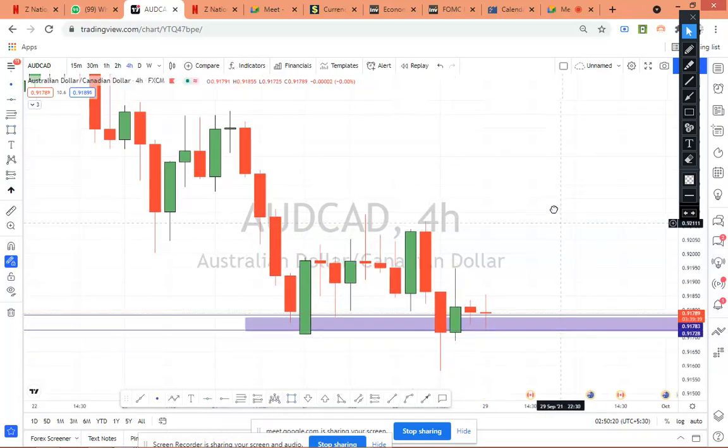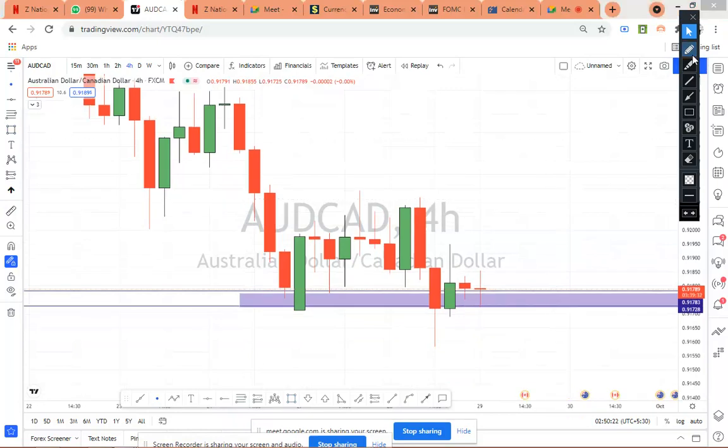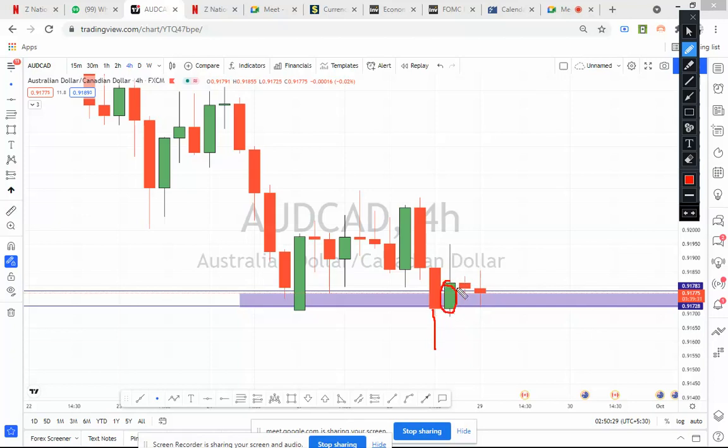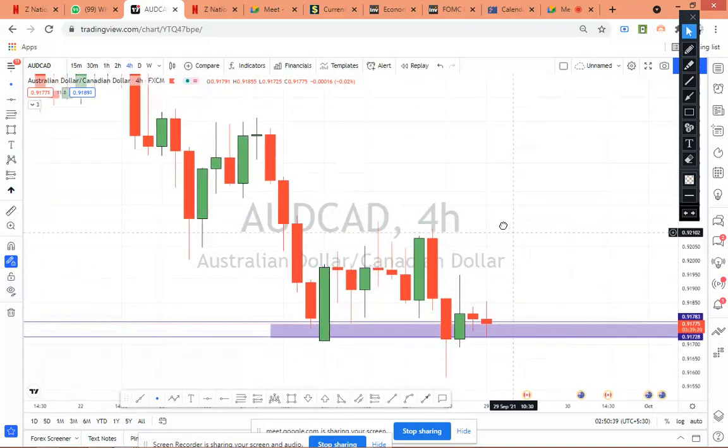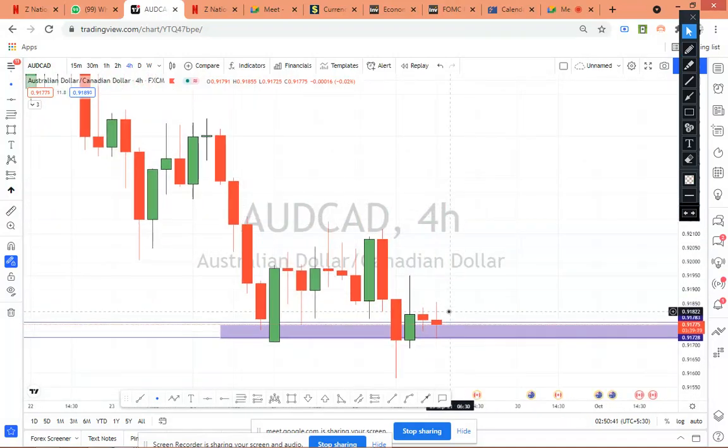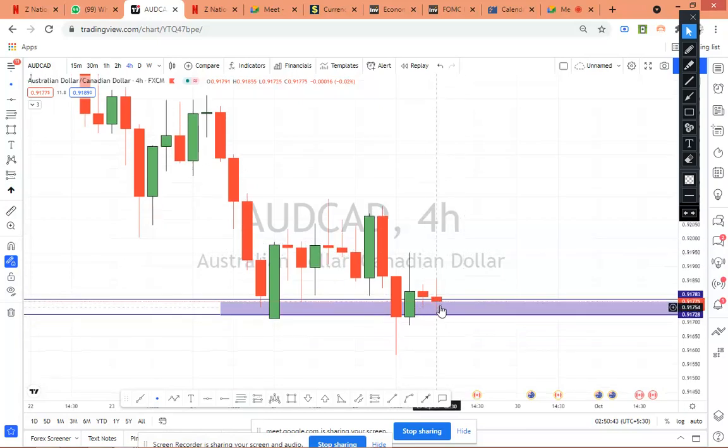From this support zone, I'm seeing rejection from buyers and an inverted hammer. That indicates to me maybe the buyers are staying in control or are now ready to push the price higher. So what I'm expecting is, as the market is still here, we are not buying immediately.